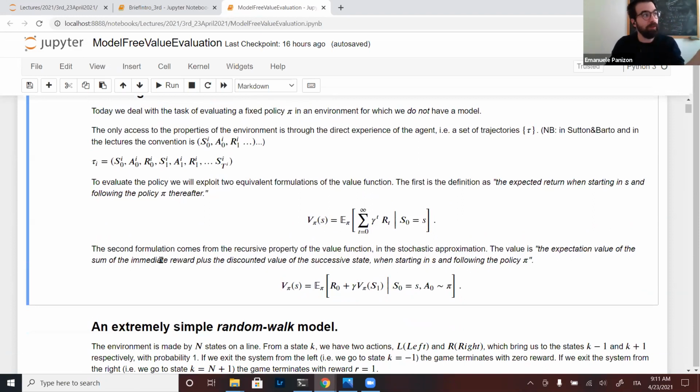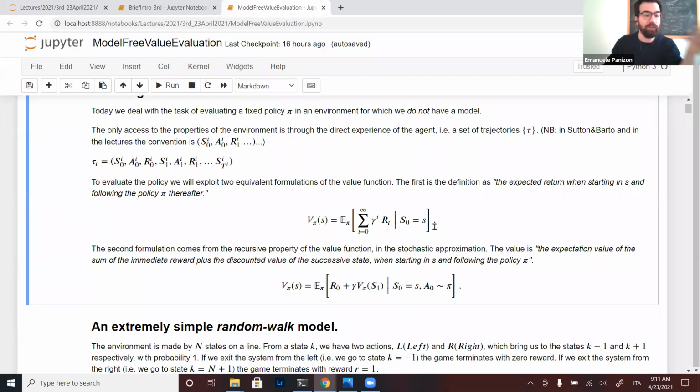The second part, where we deal with temporal difference, will exploit the fact that we also have a recursive property of the value function, which says something different, and you have seen it in the lecture two lectures ago with Professor Celani. It is the expected value of the sum of the immediate reward plus the discounted value of the successive state, again if you start in the right state and you follow the policy.